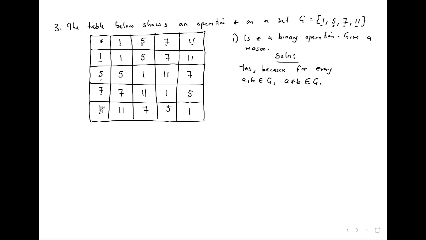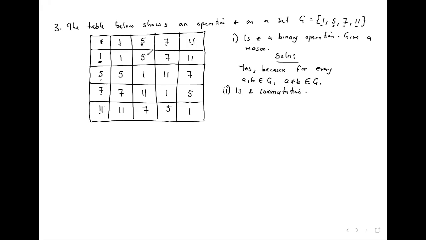Second, is star commutative? To be commutative, when you're given a set like this, you go to the numbers and read: 1 star 1 is equal to 1. 1 star 5 is equal to 5.